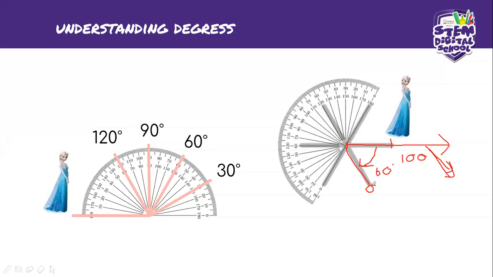Otherwise, turning with angles can be quite difficult, and you can end up where you don't want to be. Okay, so don't worry about it if this is a bit difficult right now. We're going to go through it step by step in code.org as well. All I want you to remember is to focus on the direction that your character is facing in.